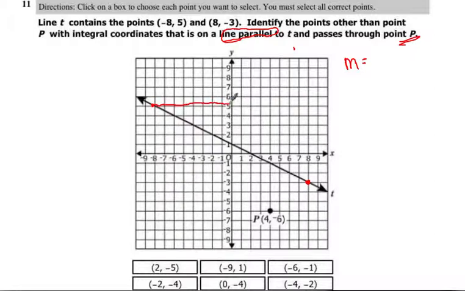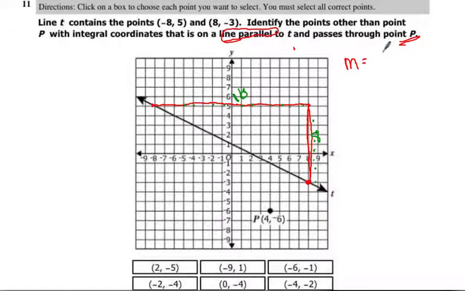So I'm going to draw my handy-dandy triangle, a right triangle to be exact. How tall is that right triangle? 1, 2, 3, 4, 5, 6, 7, 8. 8 units tall. And how long is it? 16 units long.